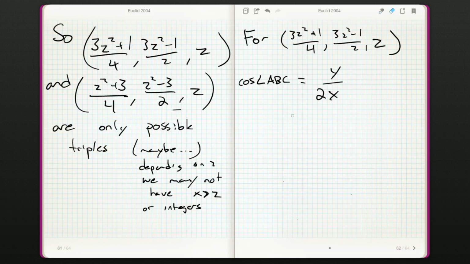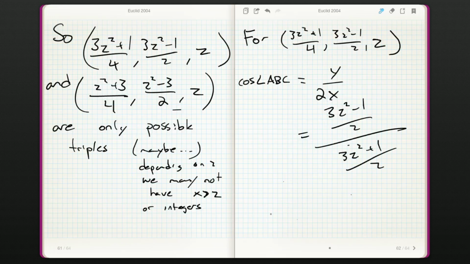Okay, so now we get 3z squared minus 1 all over 2, all over the 2 and the 4 will cancel out, so 3z squared plus 1 all over 2. The 2's will cancel out, 3z squared minus 1 over 3z squared plus 1. This is much better. This is much nicer to work with.